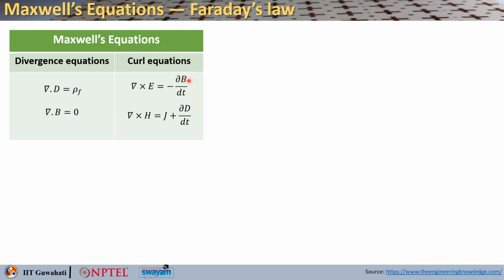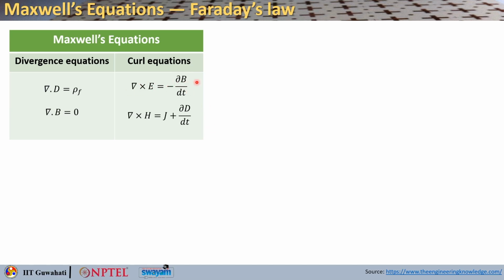It is telling you that E is a conservative field in the absence of a magnetic field, or if the magnetic field is constant in time. It means if the magnetic field is not there at all or is constant, then this term becomes 0. In that case, the electric field is a conservative field.